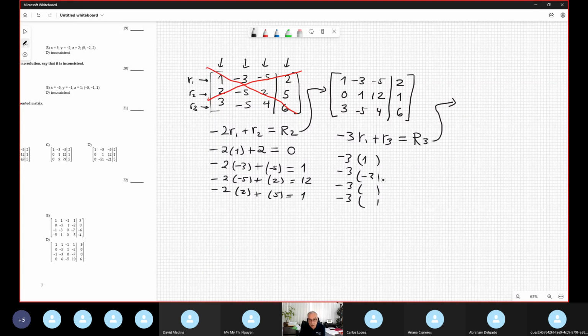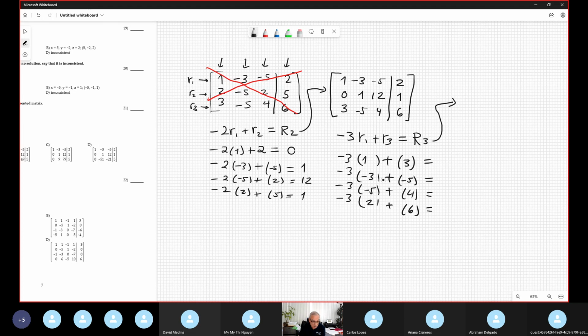1, -3, -5, and 2. Plus the corresponding value in row 3, que in that case is 3, -5, +4, and +6.